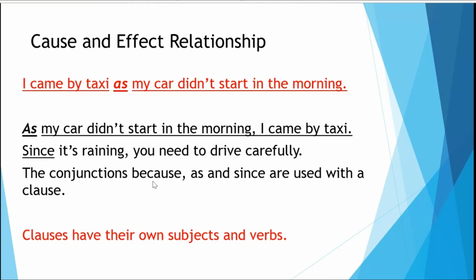Actually, clauses are maybe sentences or maybe parts of sentences which have their own subjects and verbs, because independent clauses show a complete meaning, whereas dependent clauses do not show the complete meaning in sentences, though they may have their own subject and verb combinations.